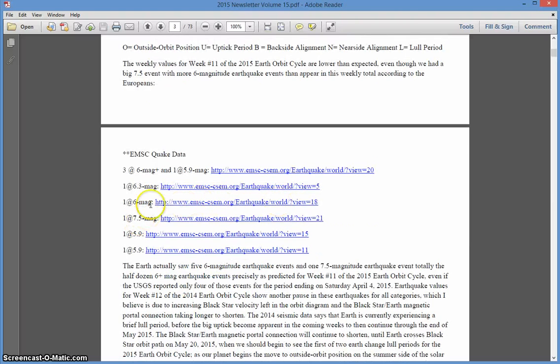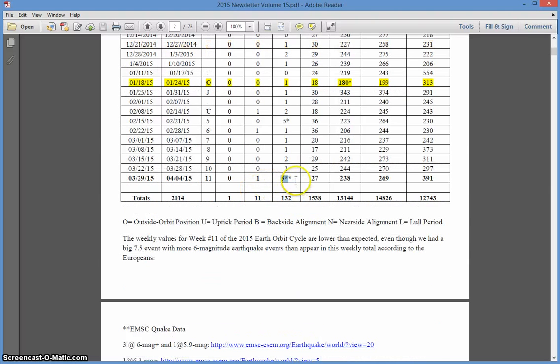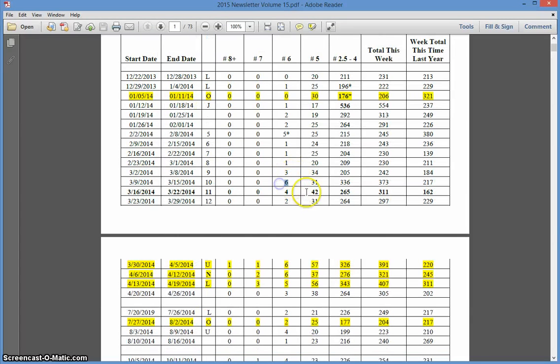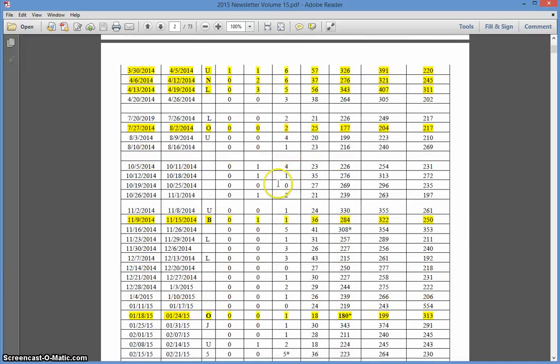Then with the 7.5 and all these 6s, then I did wind up with my half dozen value here, which is what I expected to have. But what the chart's going to show is that yes, we had the half dozen here in week 10, but then by week 12 we had only 2, and we still hadn't seen any 7s, and we've already had one of those.